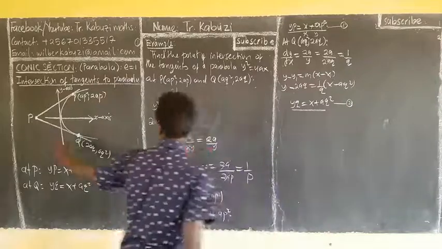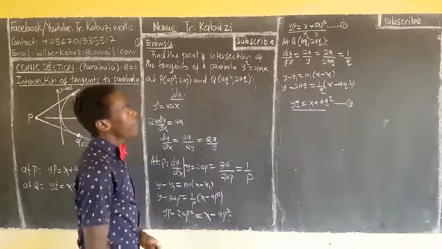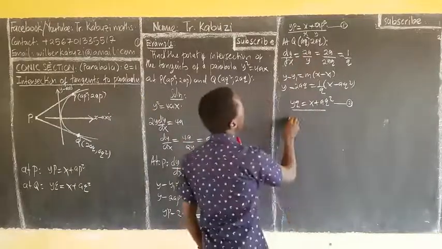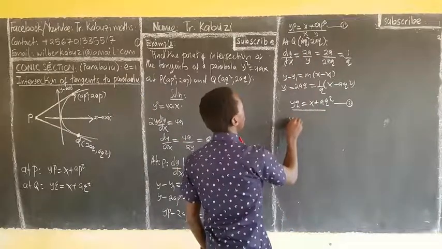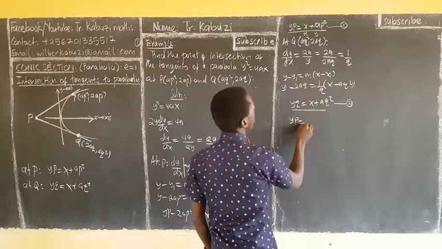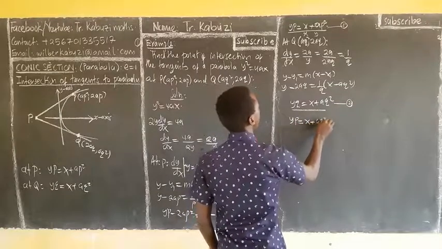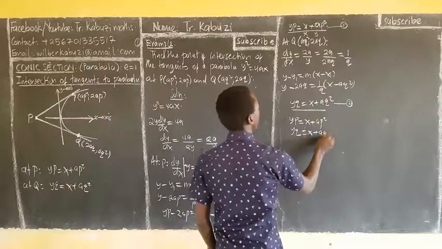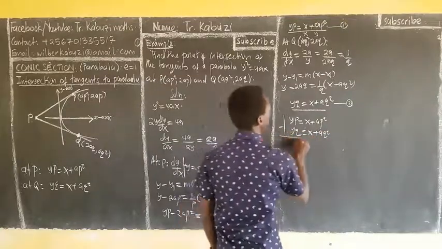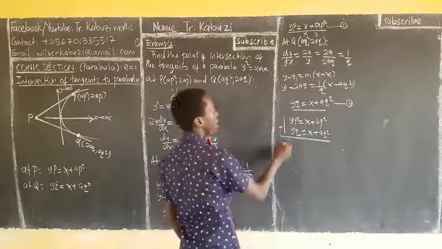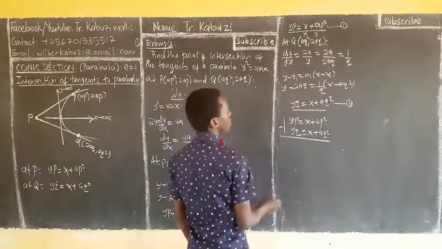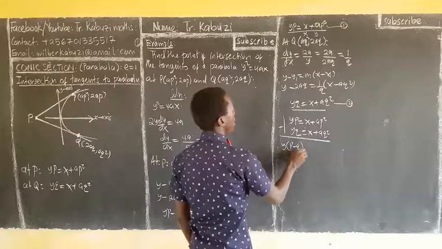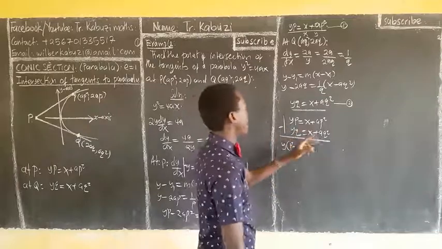So if I have yp equaling x plus ap squared, then yq equaling x plus aq squared, if I subtract these two, y is going to be common, so I have y into p minus q equaling x minus x, which goes.